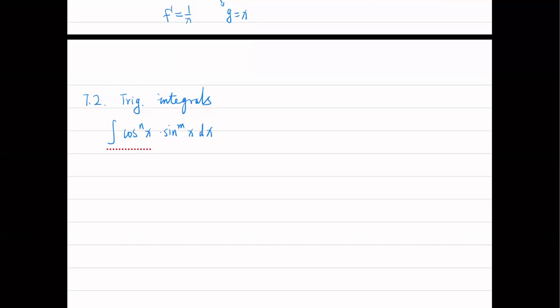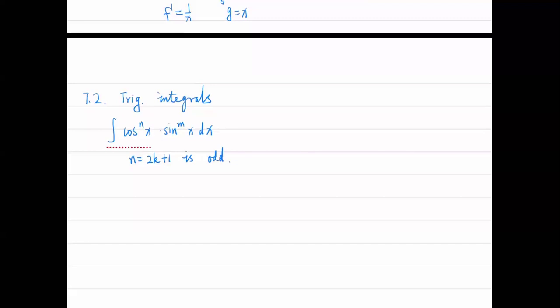The first case, when, let's see, n is even or odd, n is 2k plus 1, odd. If one of the indices is odd, let's say this one is odd, then we can split and have one more cosine x dx.